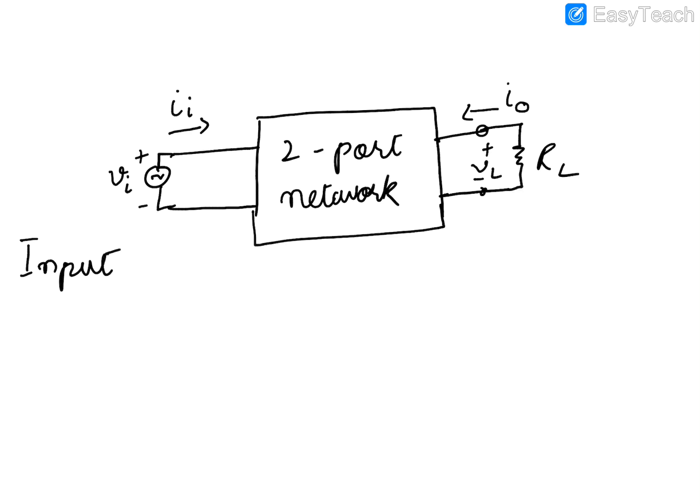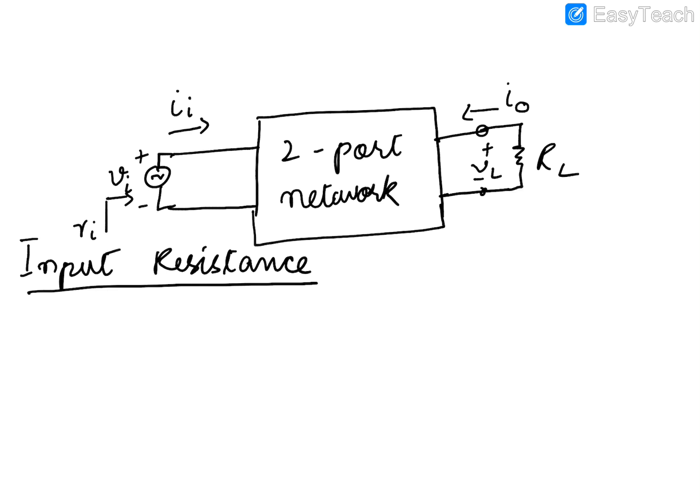So first of all, we will go towards the definition of input resistance. Input resistance is simply the resistance seen at the input side of an amplifier, just like this. So if you are measuring the AC input resistance, this is ri, the AC input resistance.